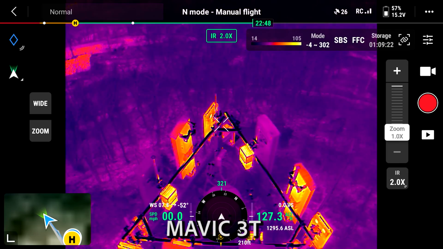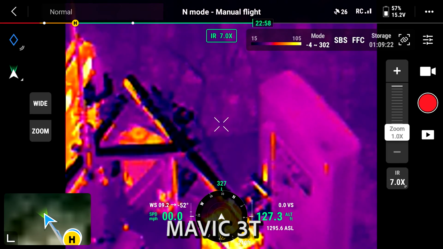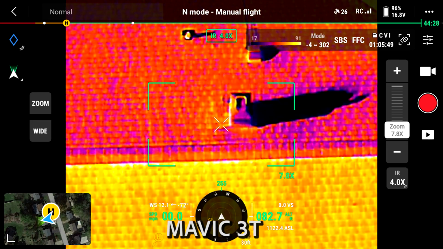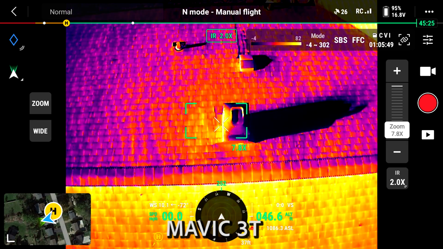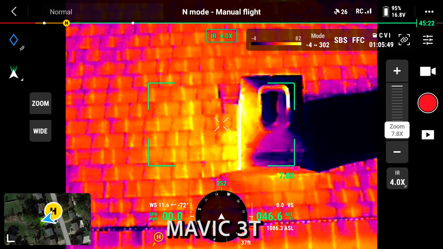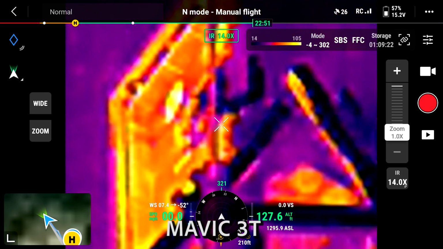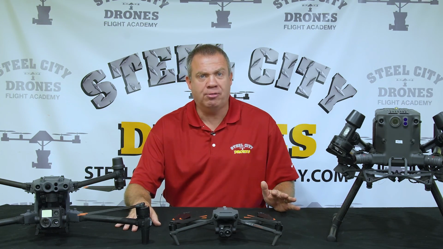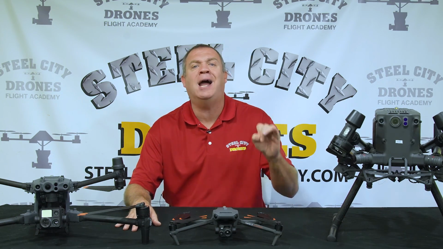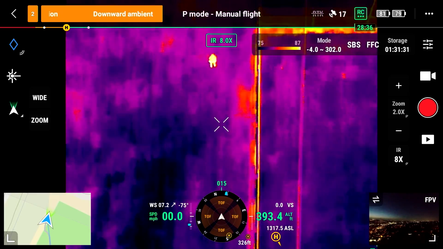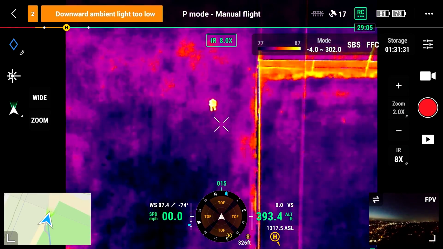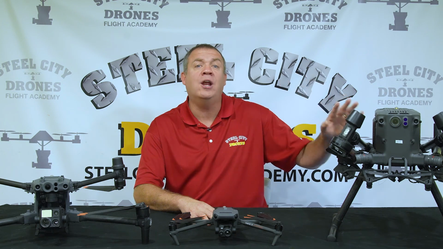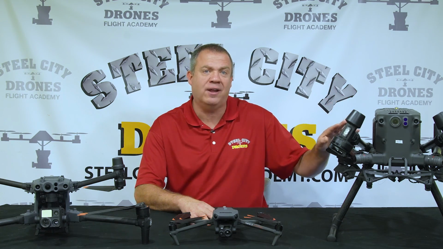We can zoom in to a certain extent with any of these, and what I'm showing you right now is the Mavic 3 footage, but when we start pushing it past 4 times, the data really isn't usable. When you need the highest quality, let's say you have to fly higher, between 200 and 400 feet, then we're going to want a higher grade sensor.